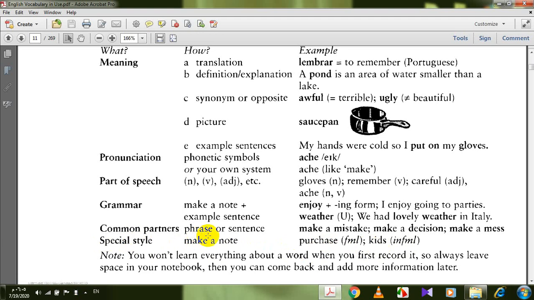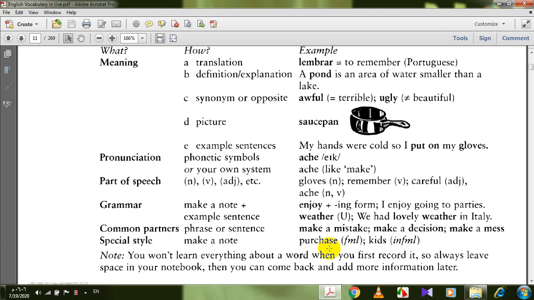Common partners means collocations. You can write common partners and try to collocate the word with other words. Make a mistake, make a decision, make a mess. Have a party. Take, for example: take a decision, take a shower, take a photograph, take time, take minutes, take hours, and this stuff.